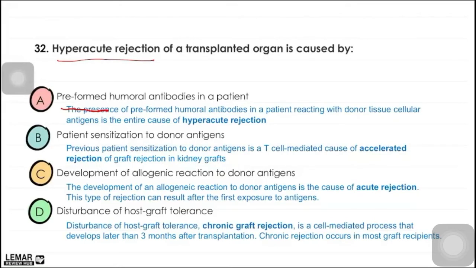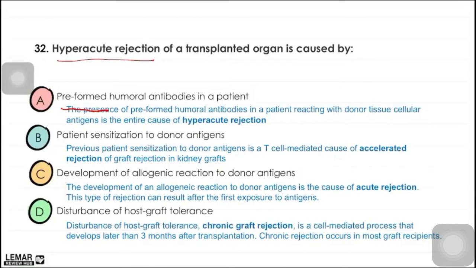The preformed antibodies are usually anti-A and anti-B, related to antibodies to the ABO system, or antibodies to class 1 MHC antigens. This is usually observed in hypersensitivity reaction type 2. Letter B, patient sensitization to donor antigen.